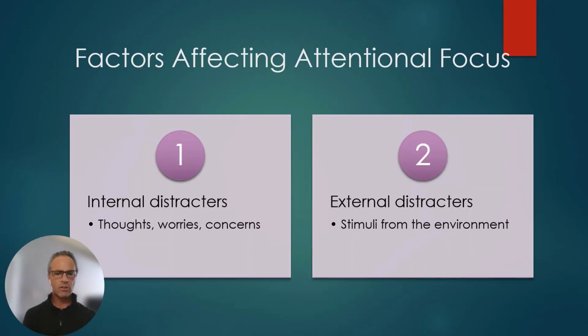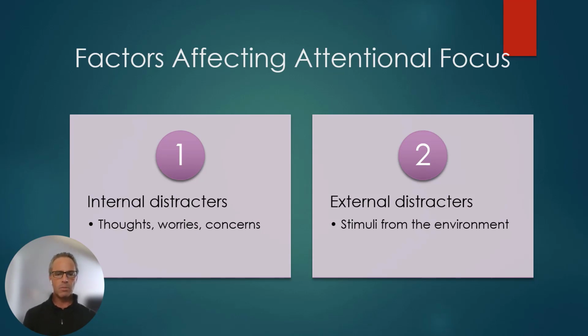Okay, so now some factors affecting our attentional focus. We have two broad factors, which are internal distractors and external distractors, right? Internal distractors are going to be mostly cognitive: our thoughts, our worries, our concerns, thinking about the future, thinking about the past. Those things are going to be the most distracting things from an internal perspective.